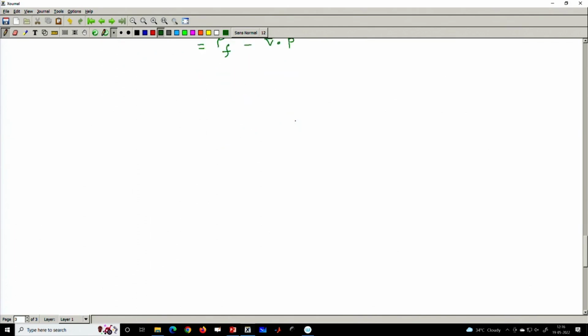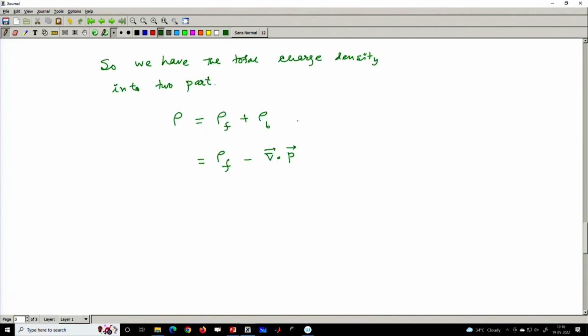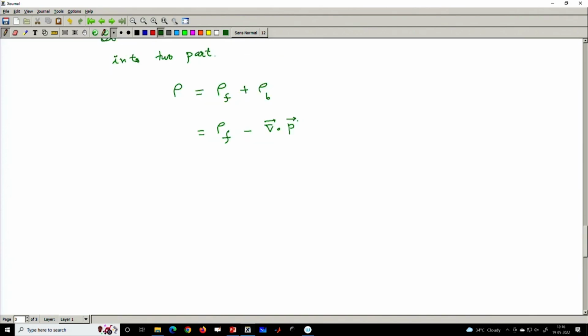This is the total charge density. What about the total current density?